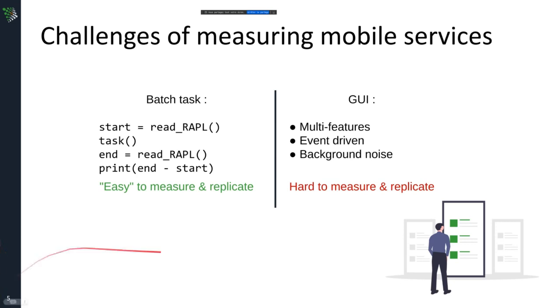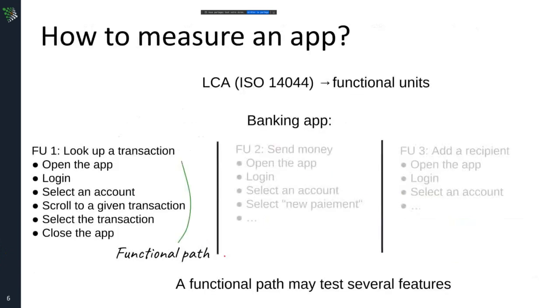And we will do that using the functional units that are defined for LCA in ISO 14044, which defines how to measure a digital service based on given functional units.